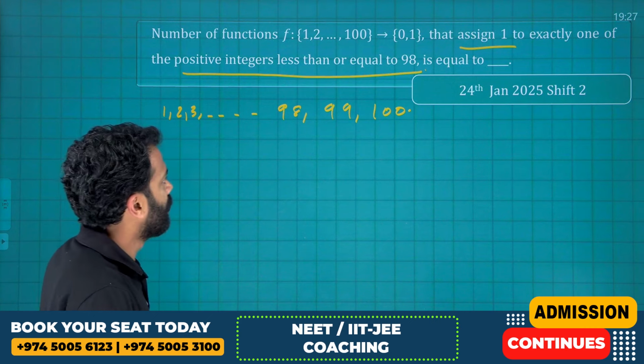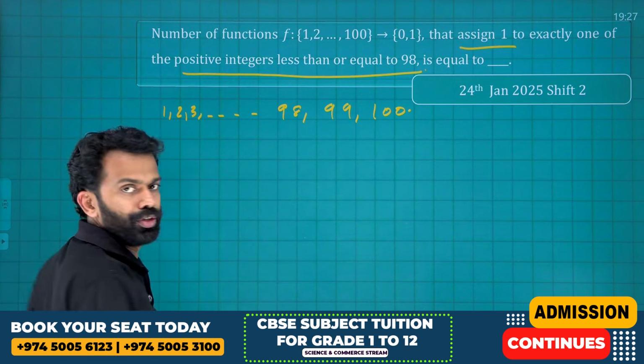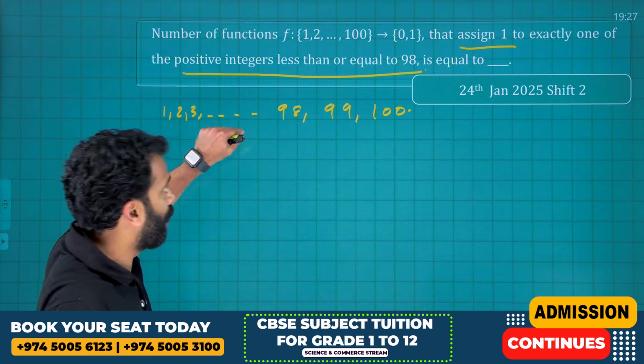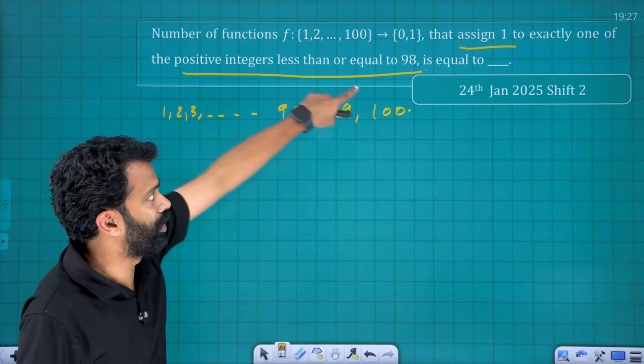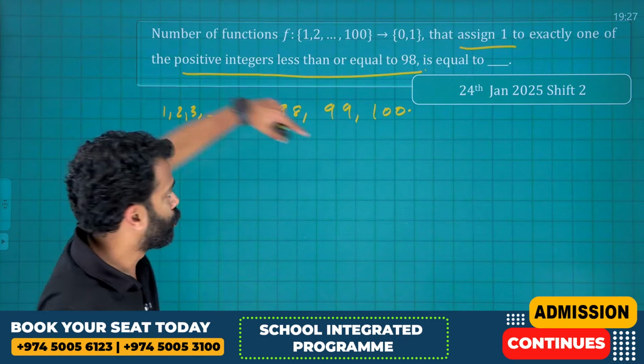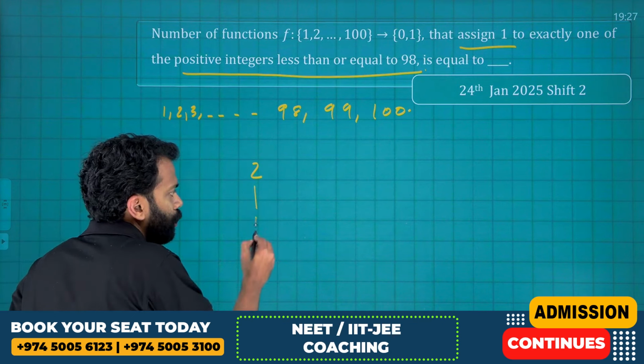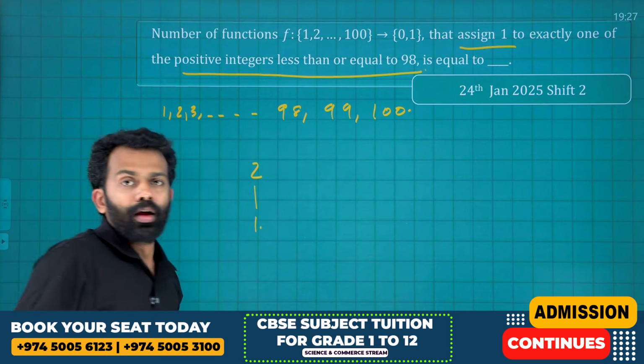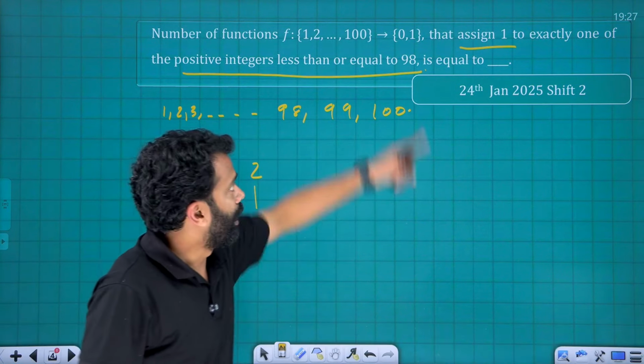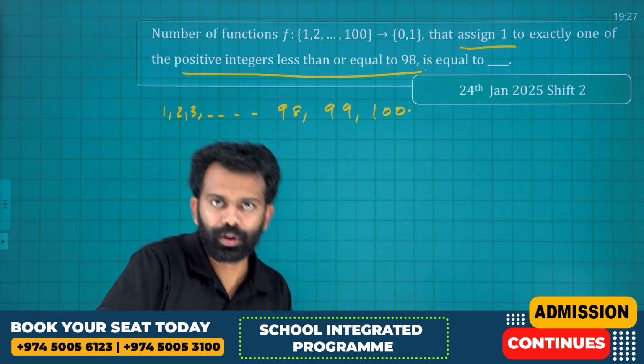What is the meaning of that? Among these integers from 1 to 98, for only one value we can assign 1 as the output. So let's say if you select 1, we can assign 1 to 2 only. For all the other numbers, we need to assign the other element in the codomain, that is 0. Okay, that is what they have asked.